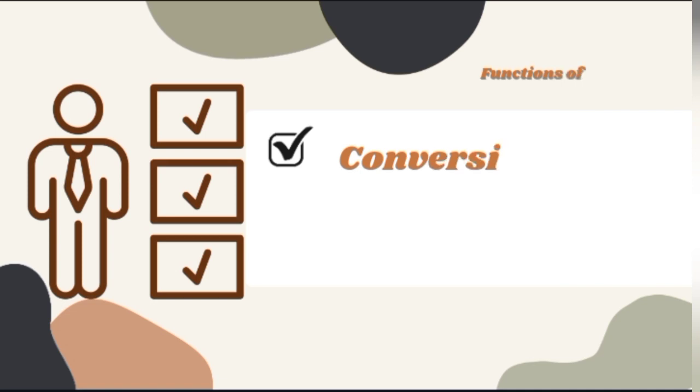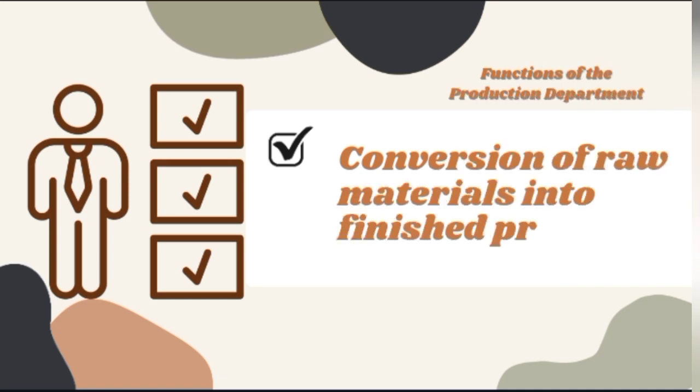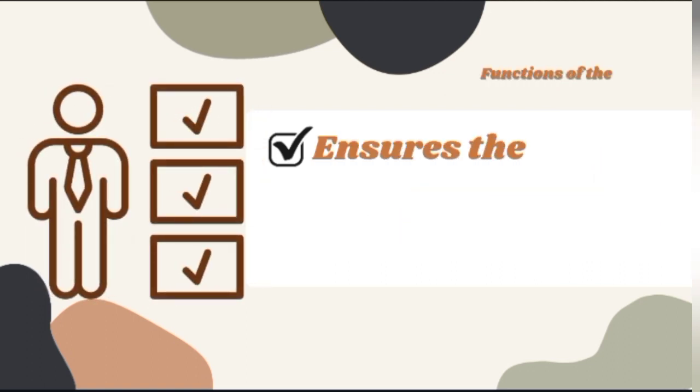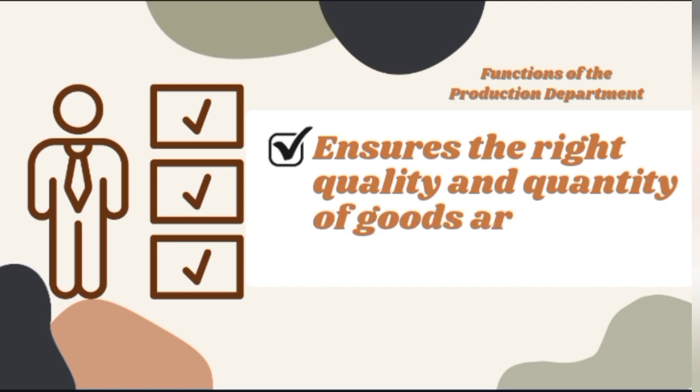Number 1 function of the production department, like I mentioned earlier, is the conversion of raw materials into finished products. So their number 1 job is to manufacture goods and services. Number 2, they ensure the right quality and quantity of goods are produced. They make sure that whatever is produced in the organization meets the standard of that organization.